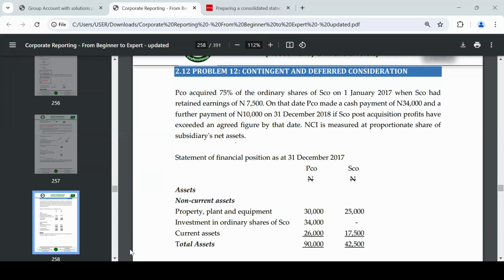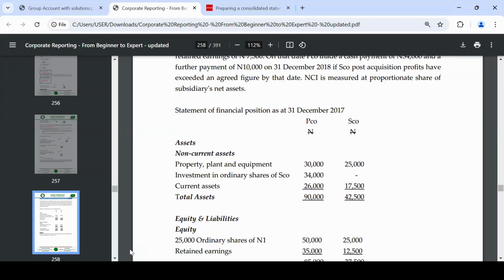And what is the condition there? They said if ESCO post-acquisition profits have exceeded an agreed figure by that date. They don't need to tell you the amount, that figure, before you can consolidate, because you're not even consolidating as at 2018, you're only consolidating as at 2017. Okay, let's move on. Although the NCI is measured at proportionate share of the subsidiary's net assets.